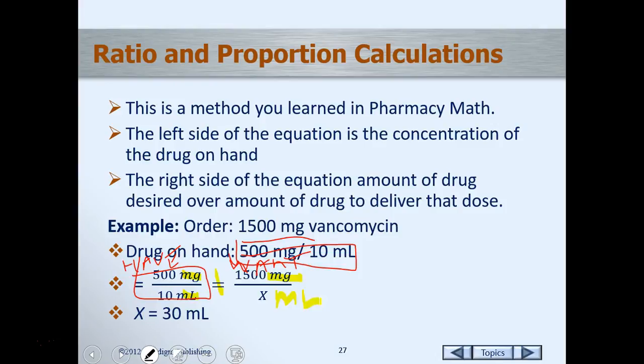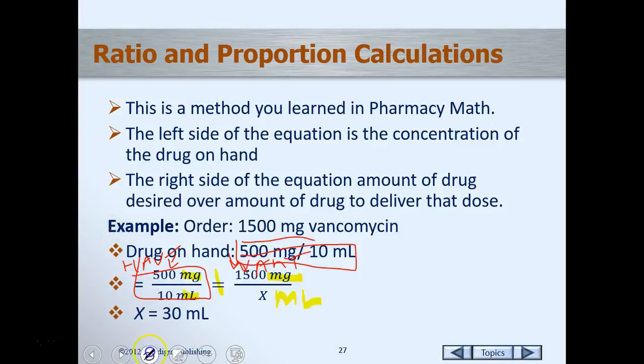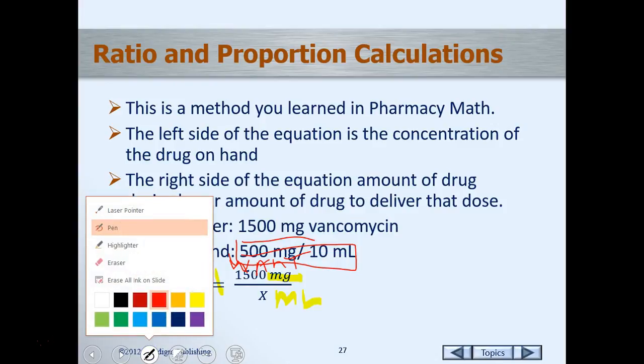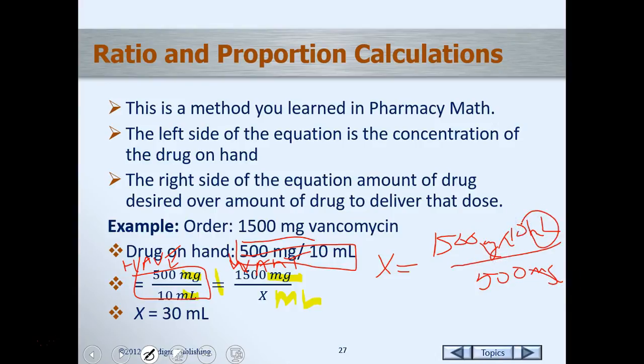So then we would go through this problem, doing our calculations and isolating X. X is equal to 1,500 milligrams times 10 mLs divided by 500 milligrams. Our milligrams cancel, leaving us with our milliliters.